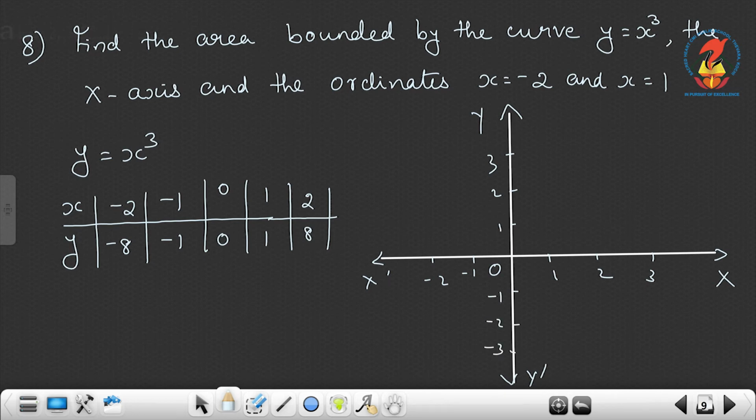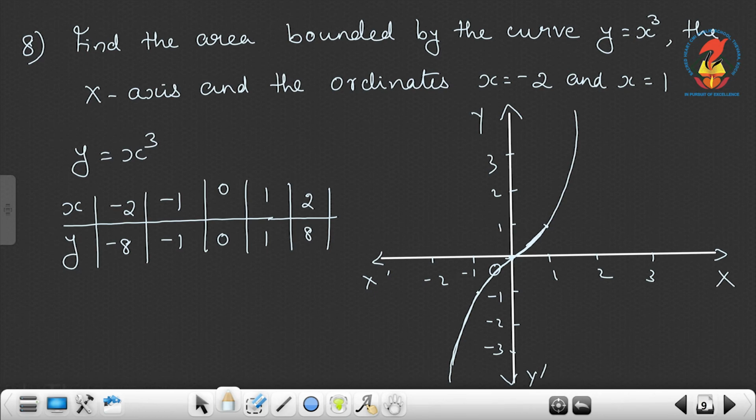So 0, 0, 1, 1. Then 2, 8. Then -1, -1 and -2, -8. So graph is curve like this, one curve. You remember? The second chapter, 11th standard second chapter, this graph was there. Now, so this is the shape of the graph.